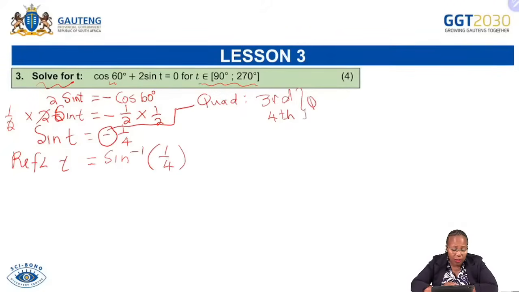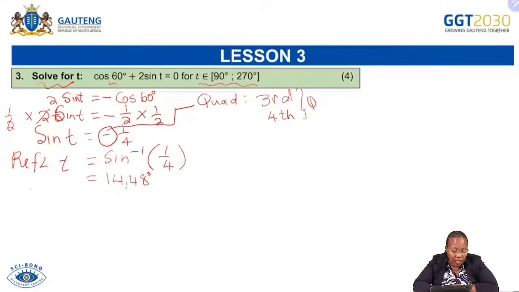So we'll be busy in those quadrants, okay? And then now we are looking at the reference angle for sine arc, that is 14,48 degrees. So now we want to look at the solution in the third quadrant.